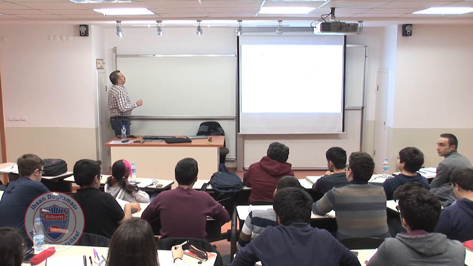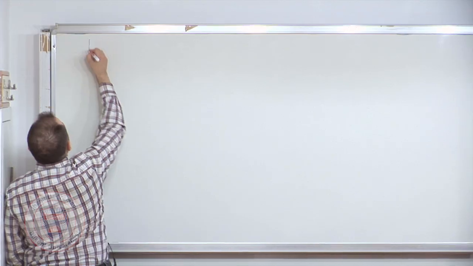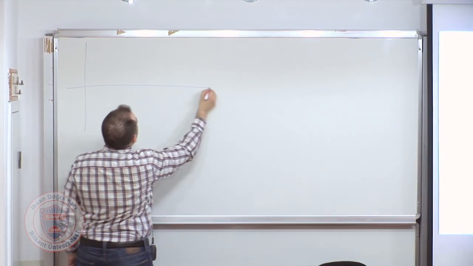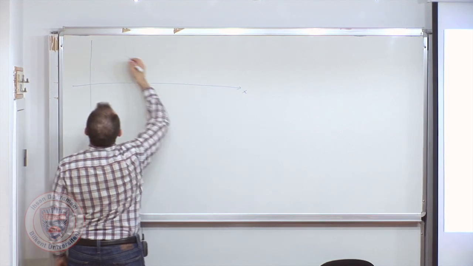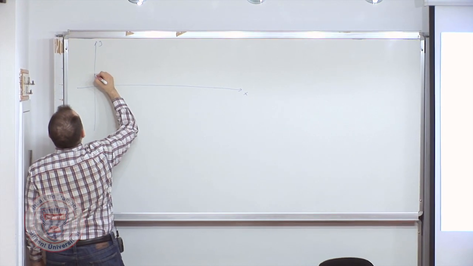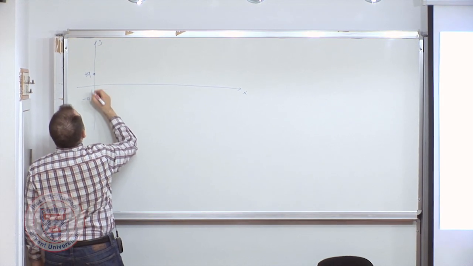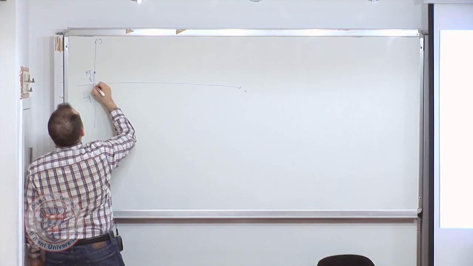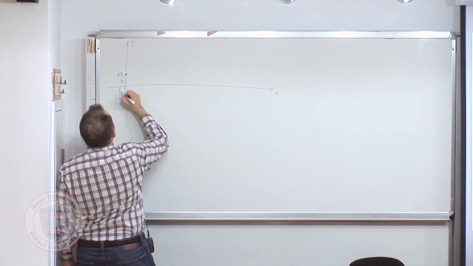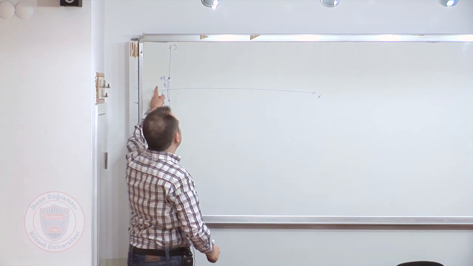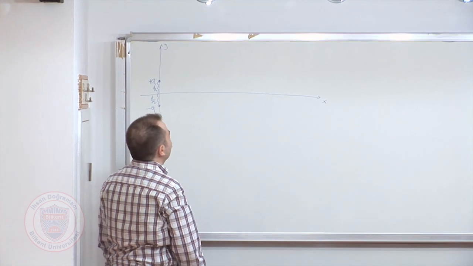So here's the question once again. Let's say this is x, this is y. I have a plus q charge and a minus q charge. This is a distance of d over 2 from the origin. The other is also d over 2 from the origin.